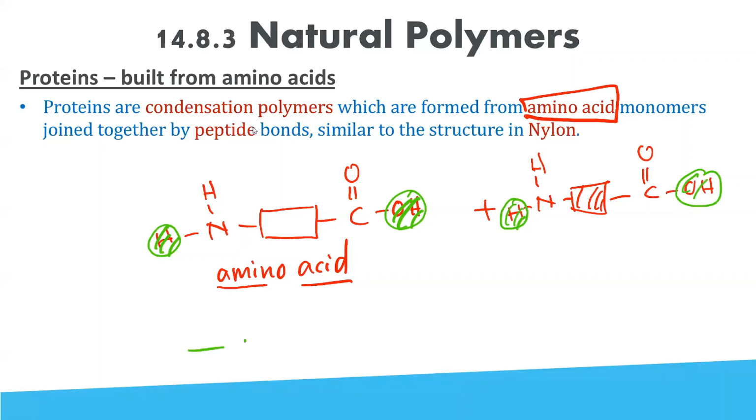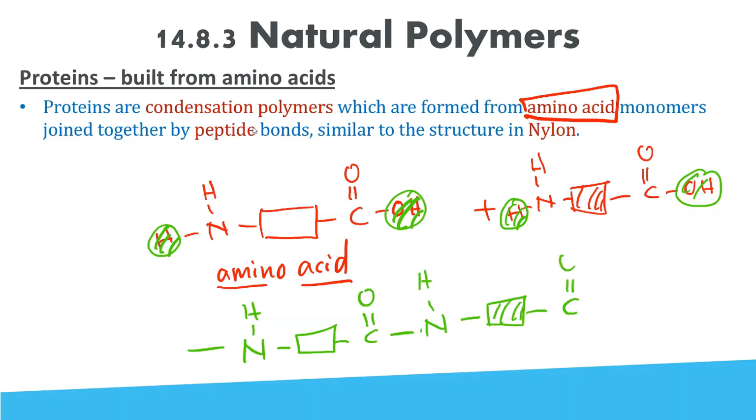And then we combine the NH, C double bond O, then the broken bond will be combined with NH, C double bond O, continuation line. So this will be the structure for protein. This is protein.